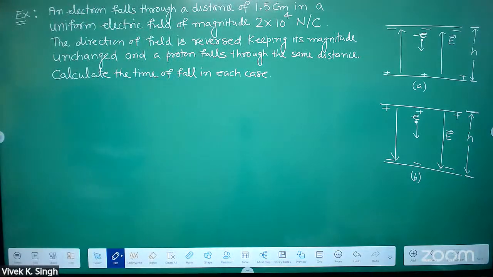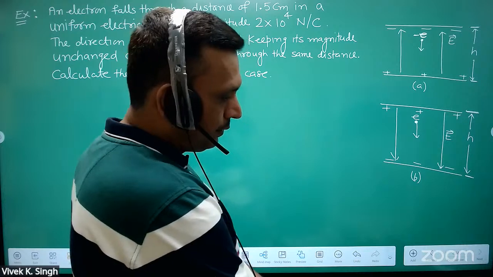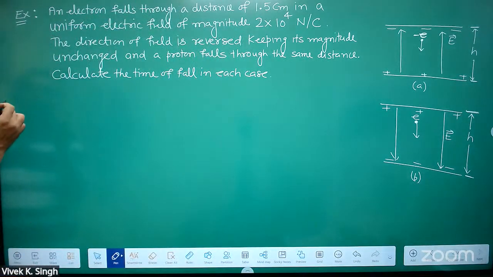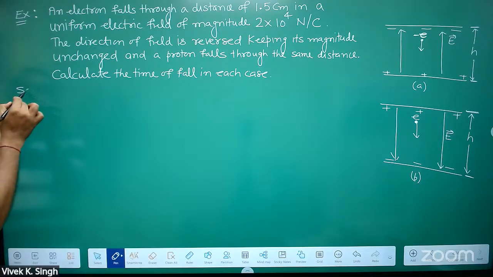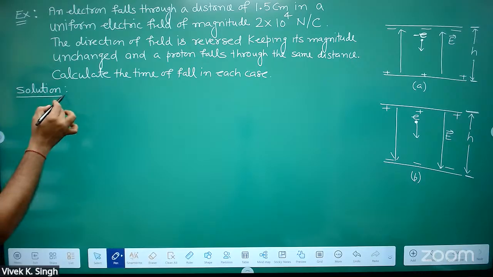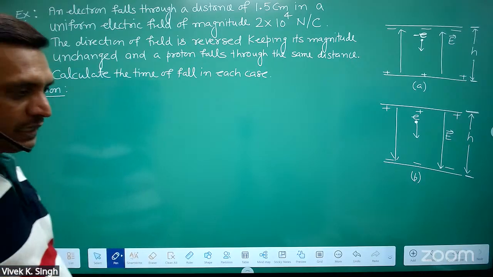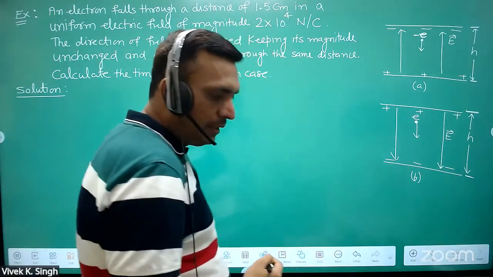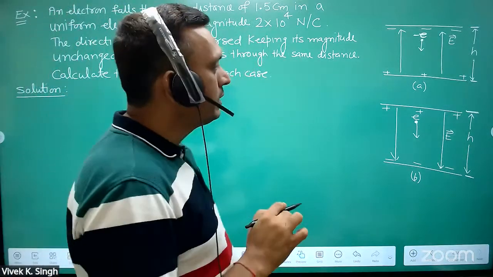Let's calculate it. ठीक है, तो क्या होगा? Let's see the solution. We have to ignore the gravity because acceleration will be very high for electron and proton. That point I have also discussed.